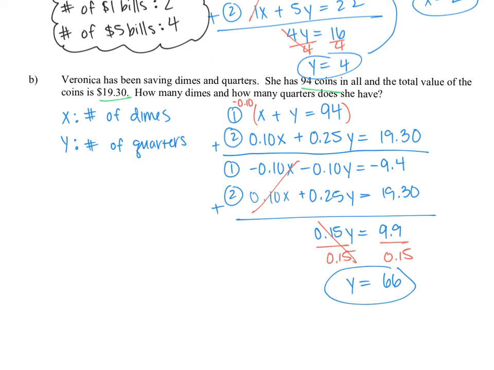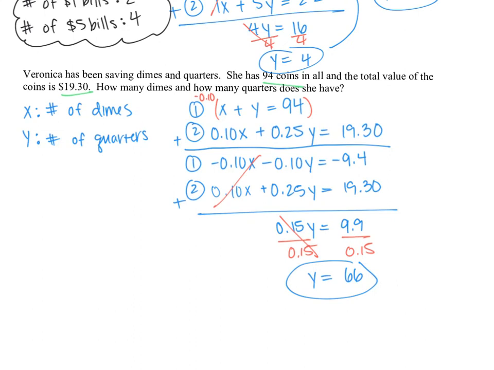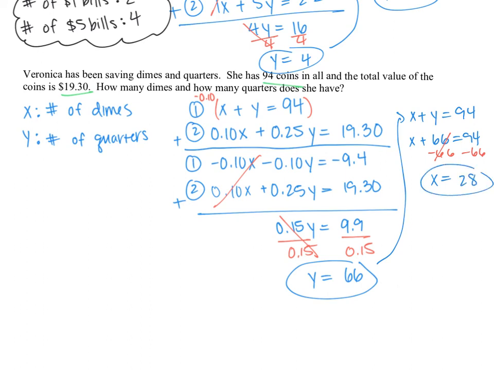So I'm going to use the first equation because it's just x plus y equals 94. Or if you think about it, an easier way to solve this problem is to take 94 coins and subtract 66. Or we can just do it the traditional way. If I take x plus y equals 94, my x here I don't know what it is, but my y is 66. So if I subtract it off, my x here is 94 minus 66, which is 28.